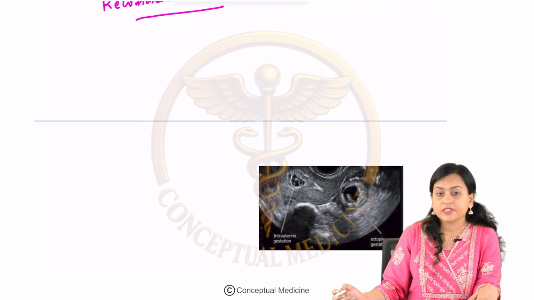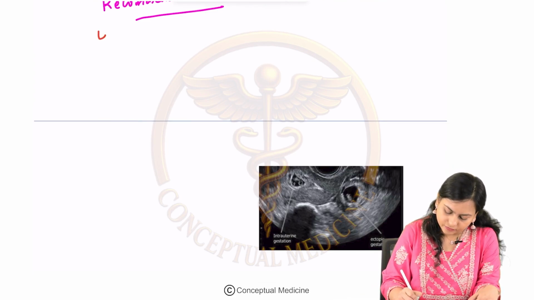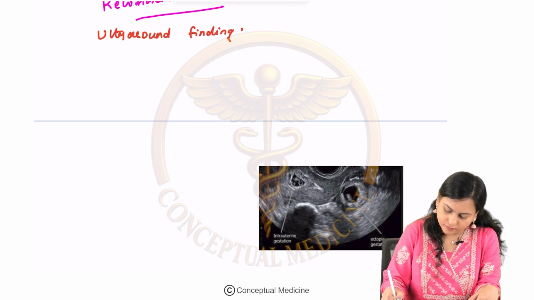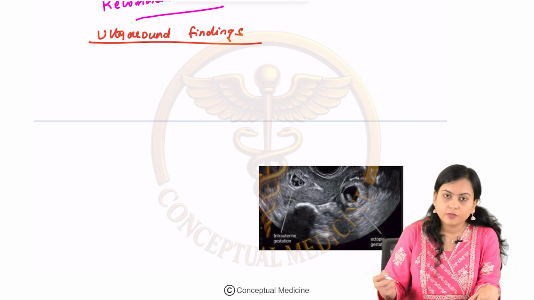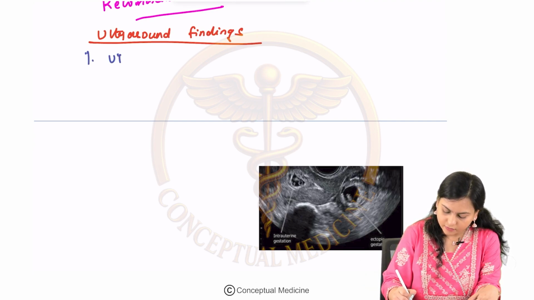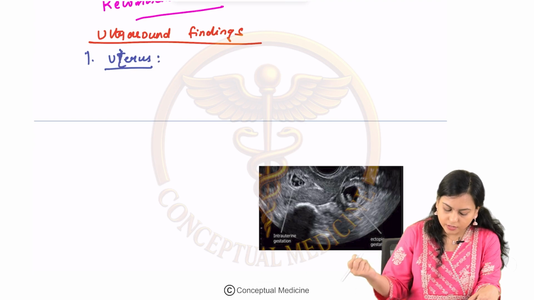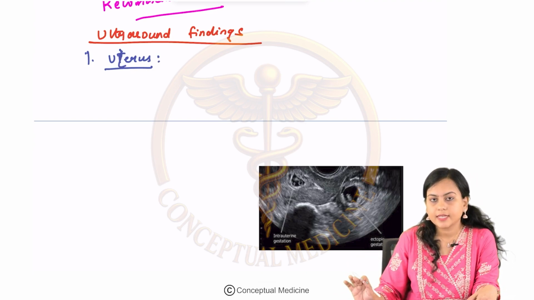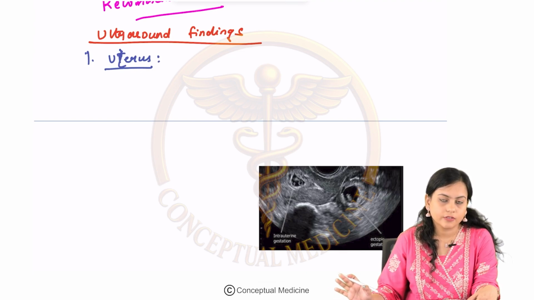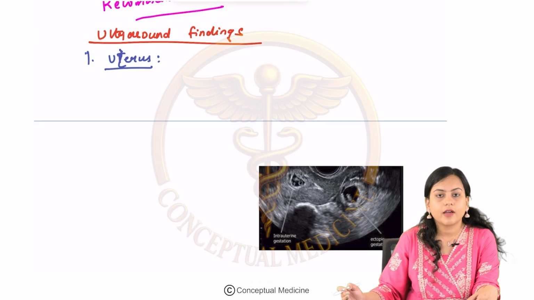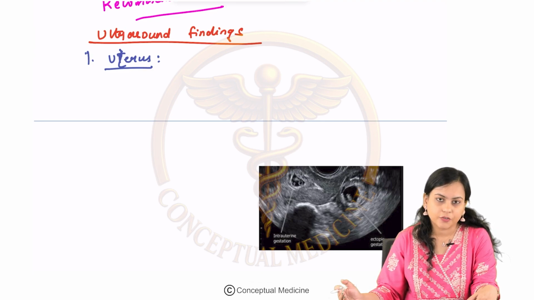Okay, we'll see the ultrasound findings now. First, we'll be checking the uterus, right? So in the uterus, suppose there is an empty uterine cavity or there is no evidence of intrauterine pregnancy, then you have to search for some ectopic location.